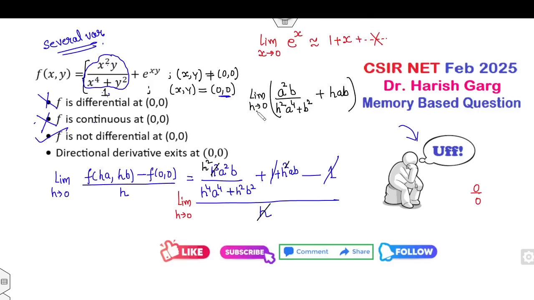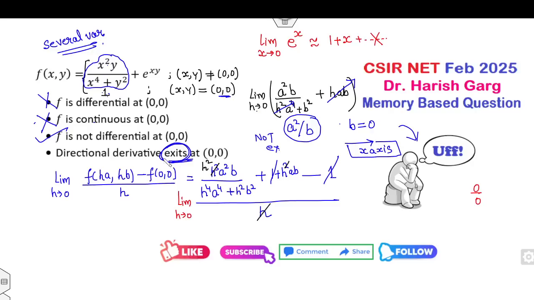Now you can take the limit as h approaches 0. This value will be 0, this value will be 0. The answer is a squared over b. Now you can see whether the directional derivative exists. No. Whenever b is 0, along the x-axis, this limit does not exist.